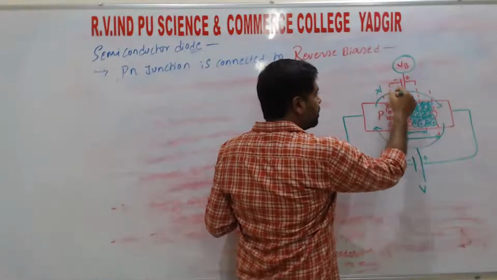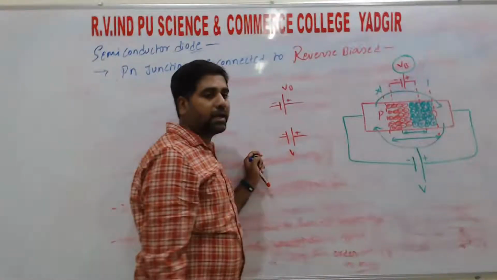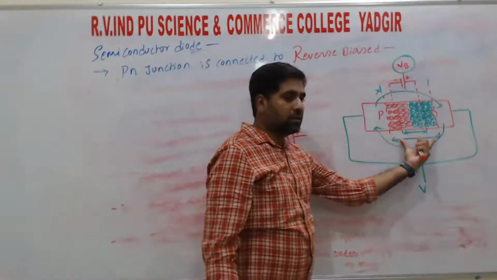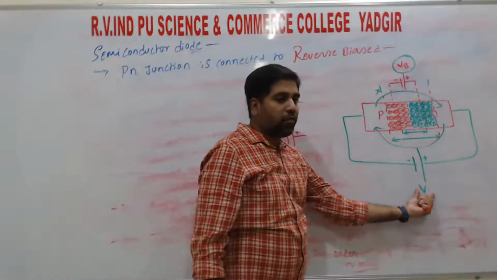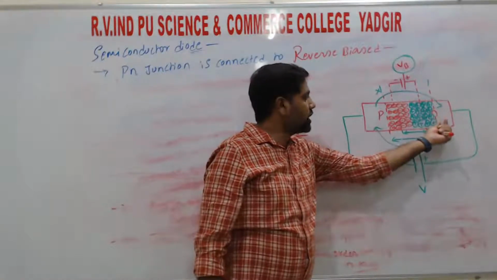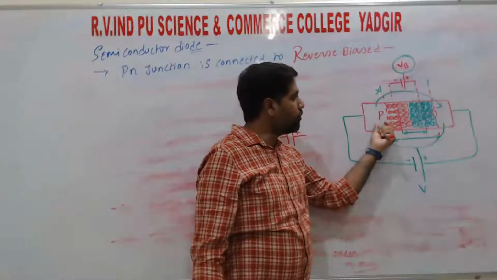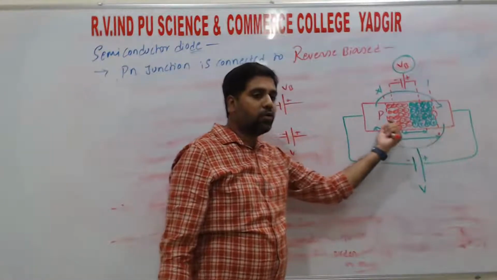That means the region between P type and N type semiconductor is increased because of the applied voltage. So there is no flow of charge carriers from P to N type and from N to P type.